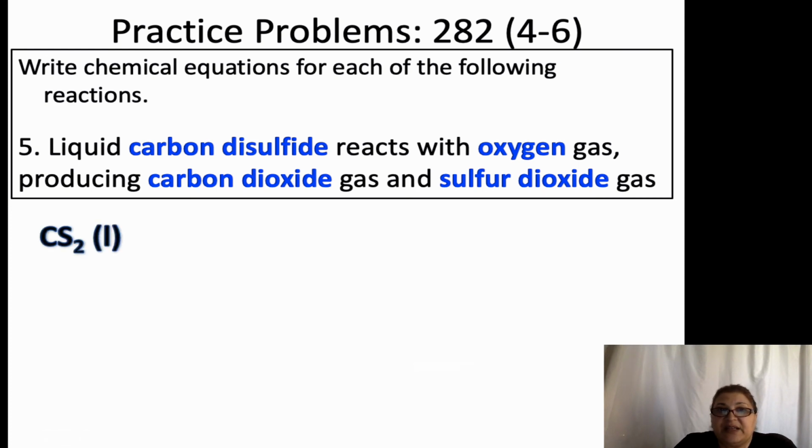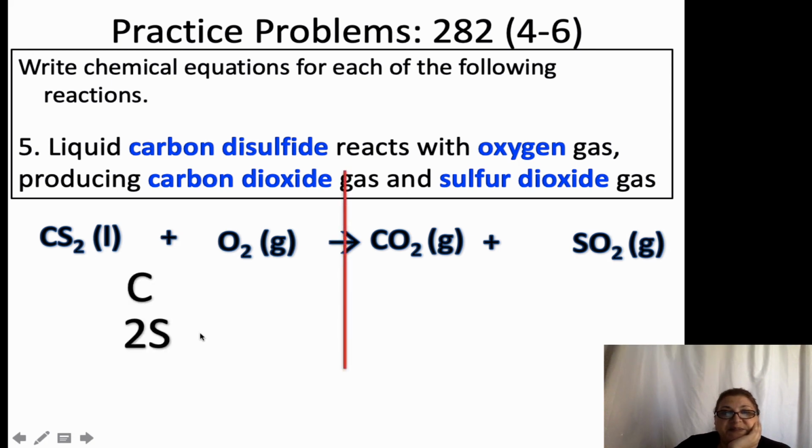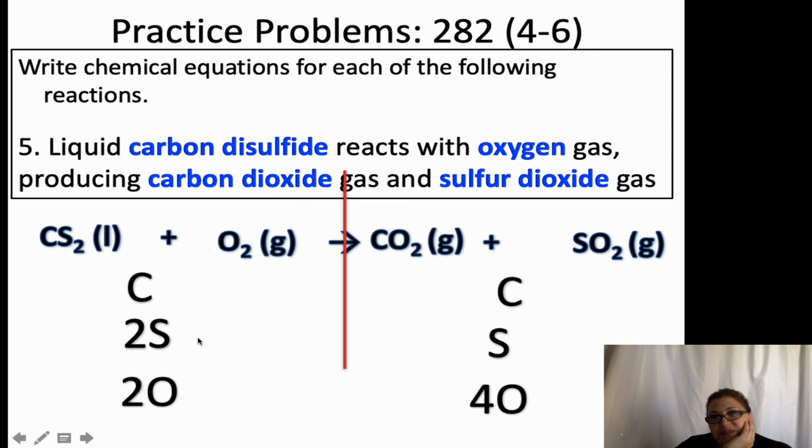Carbon disulfide reacts with oxygen to produce carbon dioxide plus sulfur dioxide. So let's see, let's break it down. We have carbon, sulfur, oxygen, carbon, sulfur, and oxygen. Let's see. 2 sulfur, 4 oxygens.